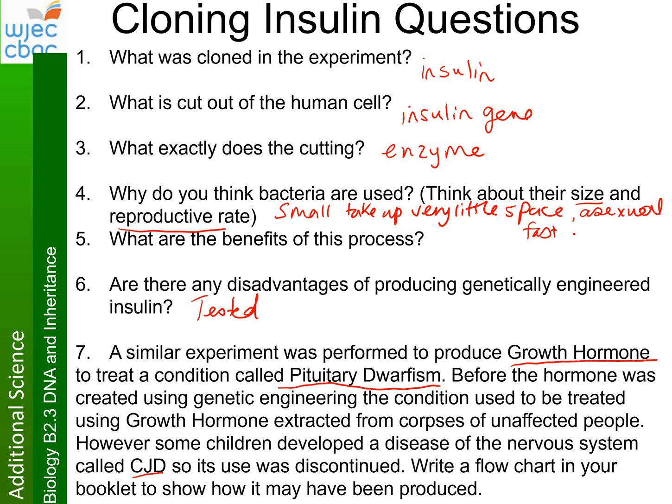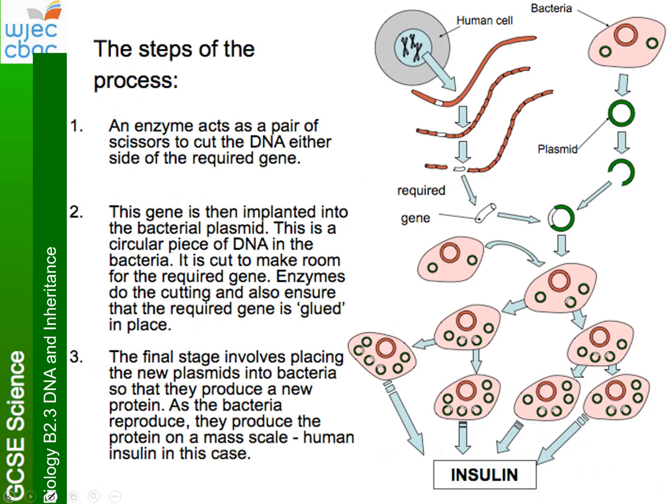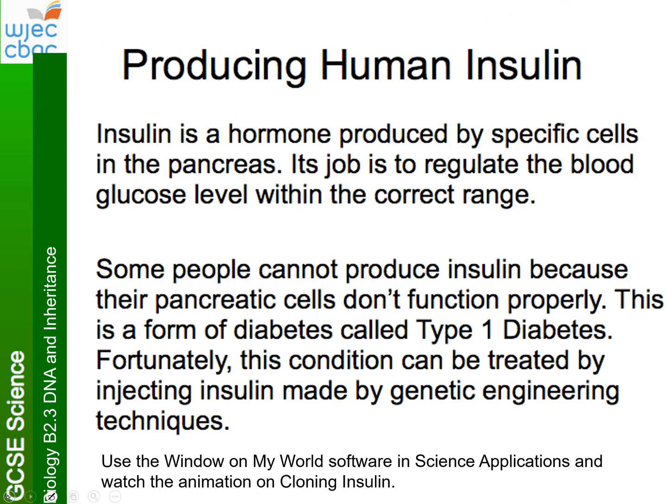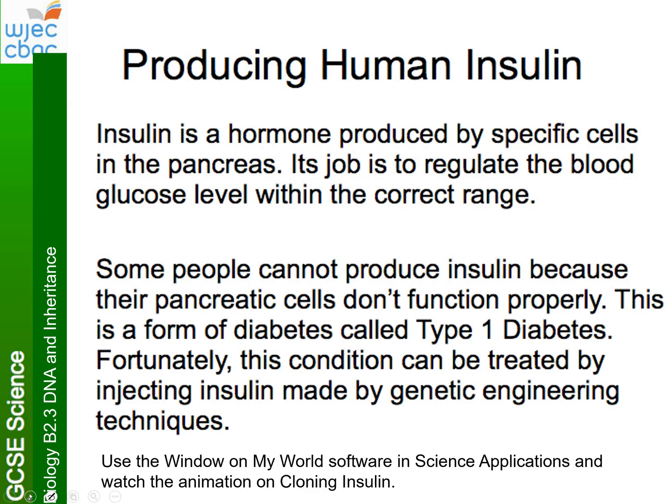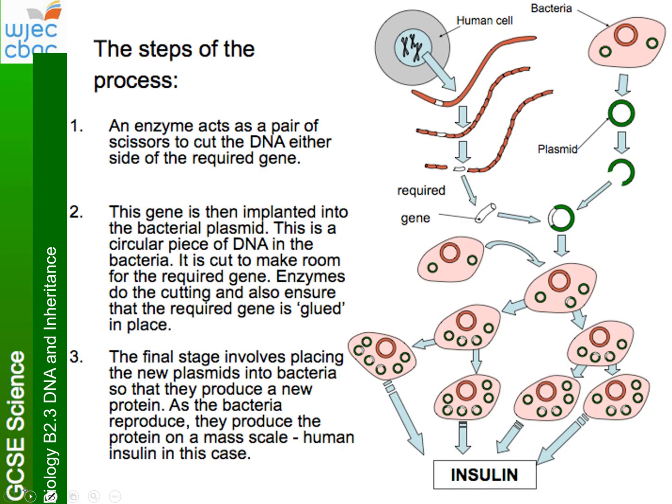So think about how they would use the same process in cloning insulin, to be able to create the growth hormone. So if I go back to the diagram on cloning insulin, probably this one here. Instead of taking out the required gene as the insulin gene, this would be the gene for the growth hormone.